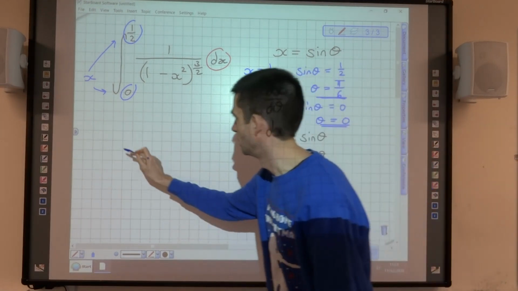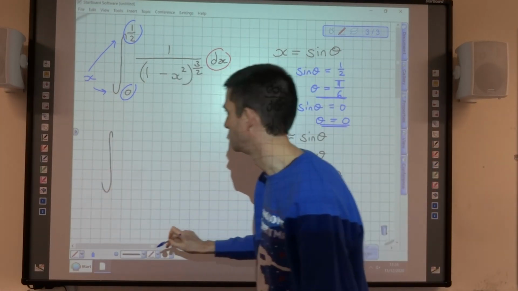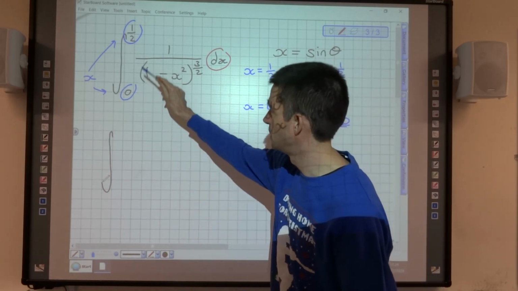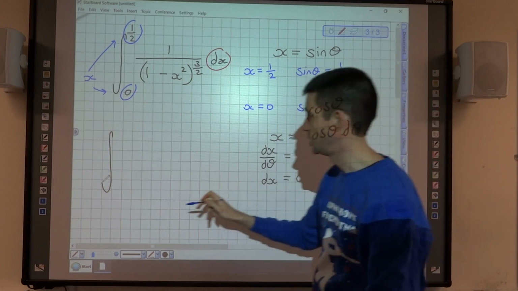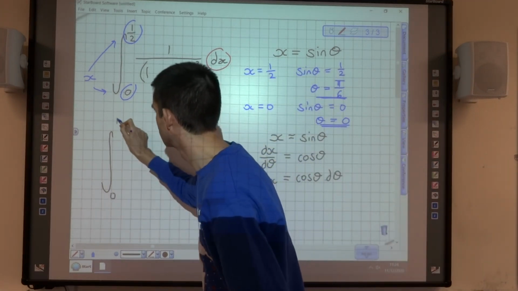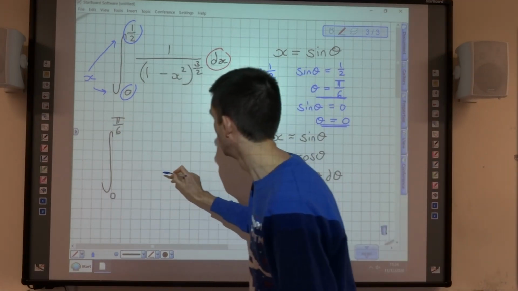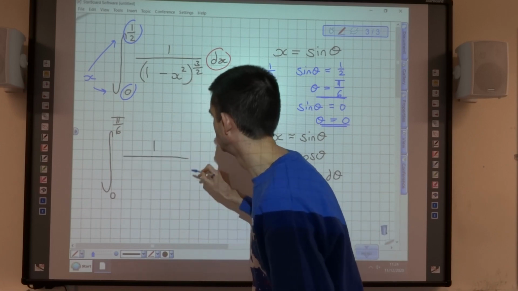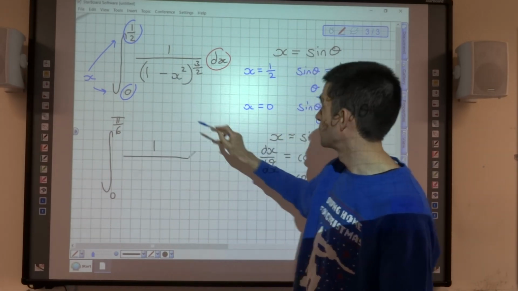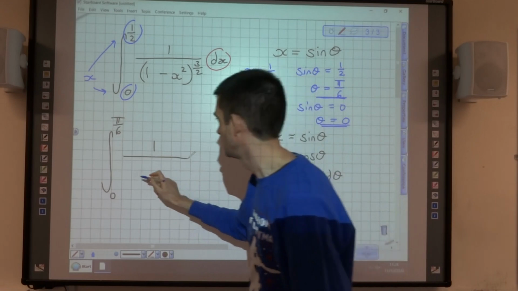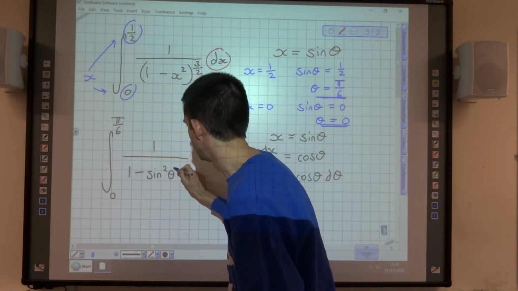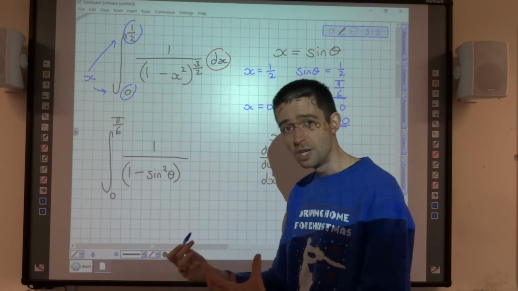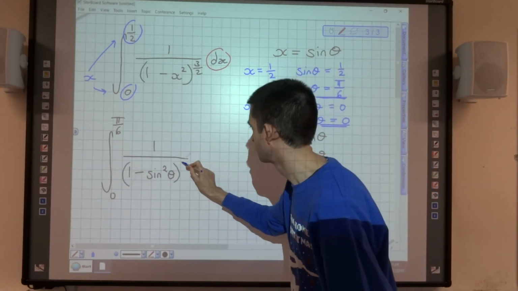Okay, so here we go. Let's rewrite this integral with everything substituted. So instead of 0 and 1/2, I'm going to be writing my limits in terms of theta, which is 0 and pi over 6. 1 over, now instead of 1 minus x squared, because x is sine theta, I'm going to be writing 1 minus sine squared theta, and that should be screaming a trig identity at you.